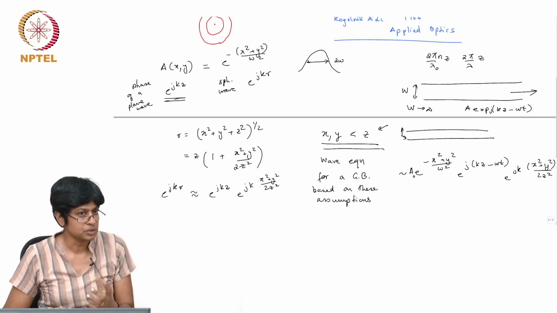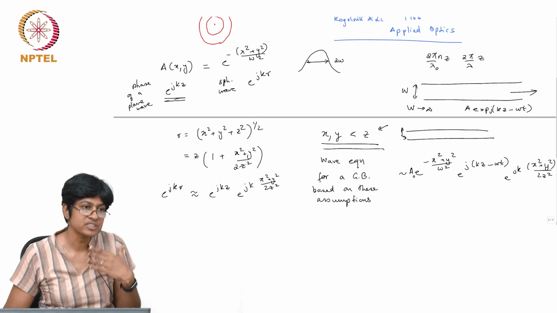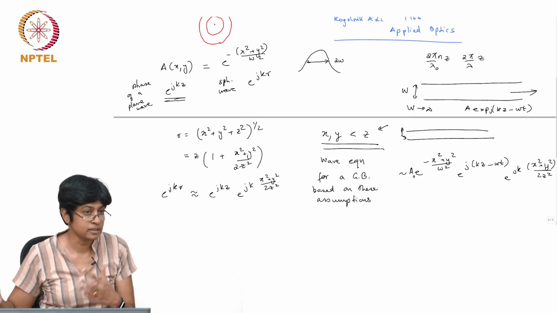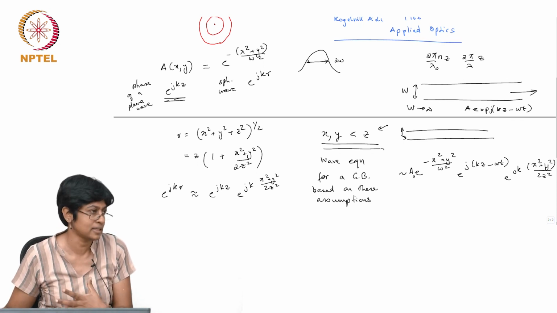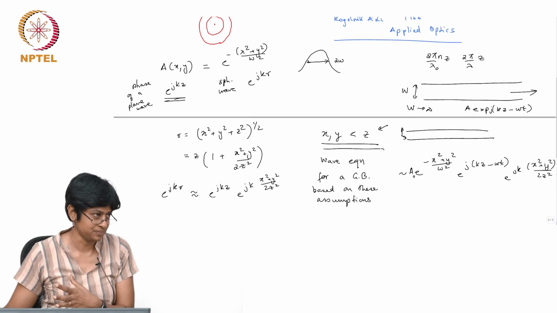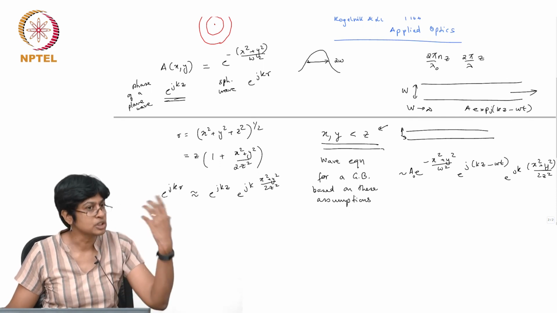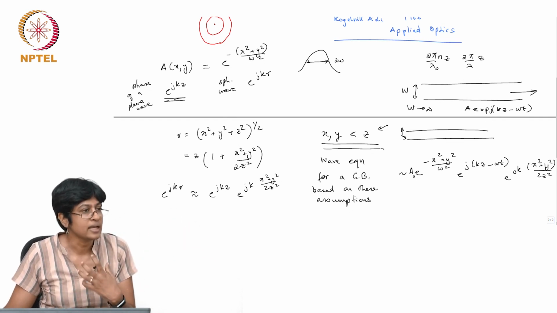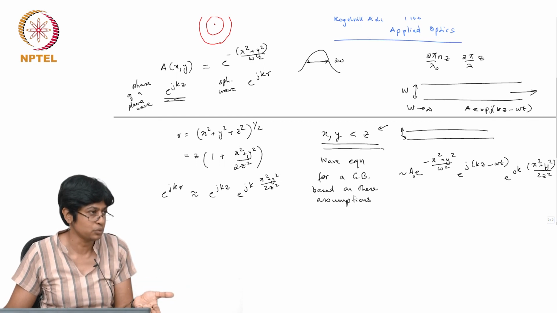The point that you need to understand here is that many of those solutions you would have studied earlier were mathematically ideal solutions. They're not really what we generate in a lab. They're not really what emerges from a source like a laser. Now, I'm trying to use the knowledge that you had there to give you a sense of how we can consider the Gaussian beam, which is a real solution to the wave equation, a practical solution to the wave equation.